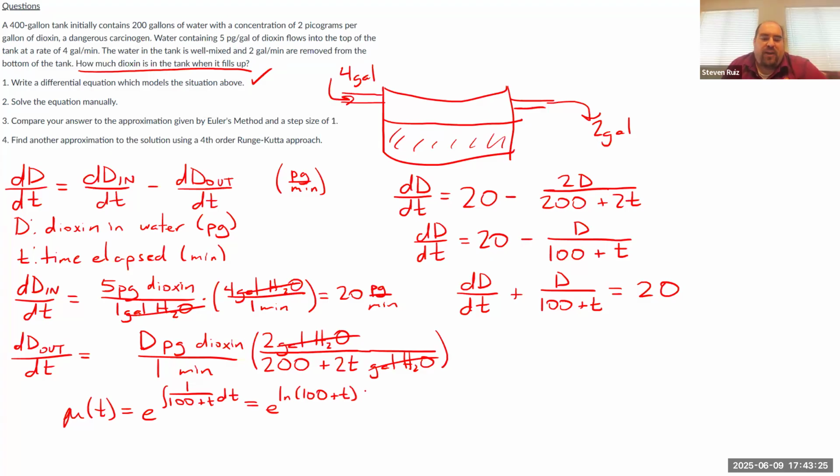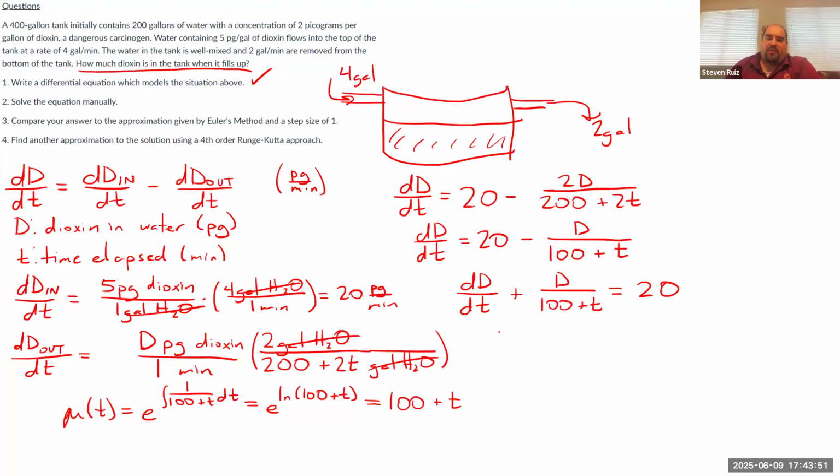Typically, I'd have to do absolute values there, but I know that I'm not going to use values of t that are going to make this natural log negative, so I'm going to essentially ignore it. So e to the natural log of 100 plus t is 100 plus t. So 100 plus t should be my integrating factor.